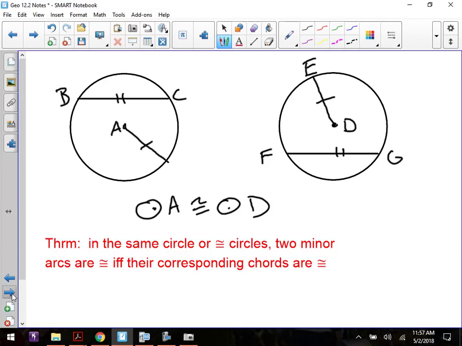I'm not worried about arc length as of right now, because I'm not giving a specific value for the radius. Now, if I draw in another one of these, I call that 80 degrees. What are these two base angles? 50. Are those two triangles congruent to each other? Why?